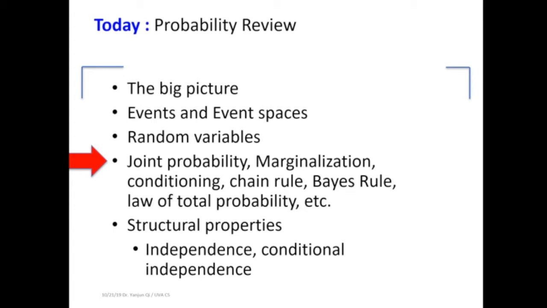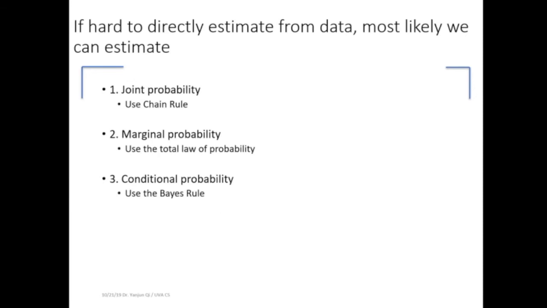Everything you learn, try to anchor it into three things: it's either a joint probability, a marginal probability, or a conditional probability. No matter how complicated the model behind it is, it's about one of the three.